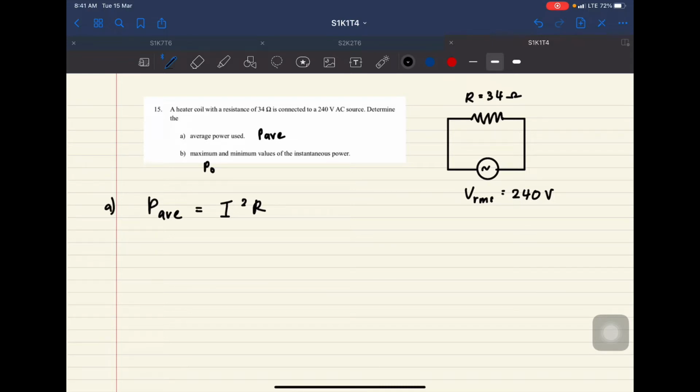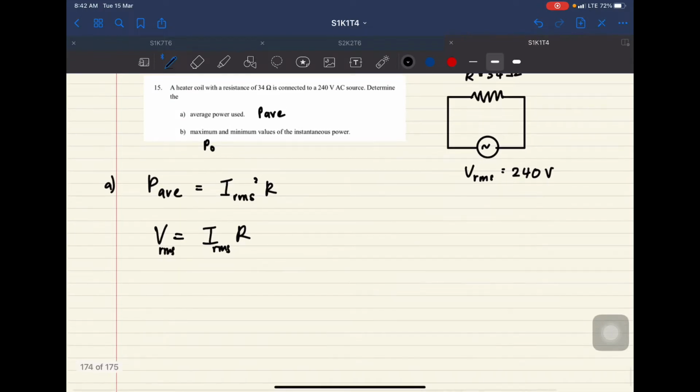First of all, you have to find the current. Right, so this is IRMS, so P average is IRMS squared R. To find IRMS, because you only have one component over there, V equals IR. Okay, you can write Vrms because you only have one component.